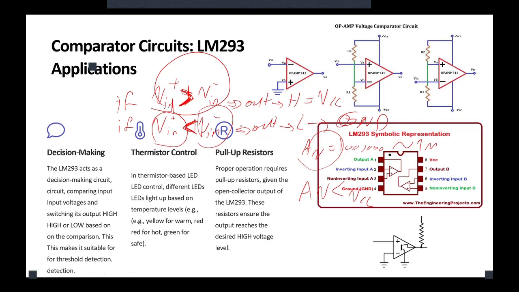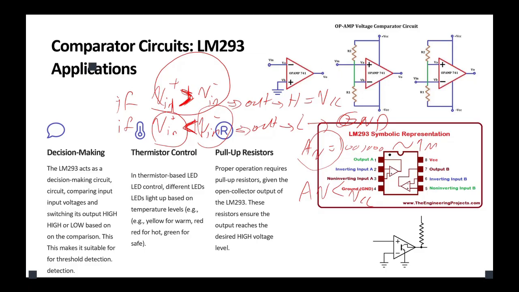Now, the LM293, as we mentioned before, has an open collector output. That means the output pin isn't just a voltage source, it's actually the collector of an internal NPN transistor. So what does that mean in practice?